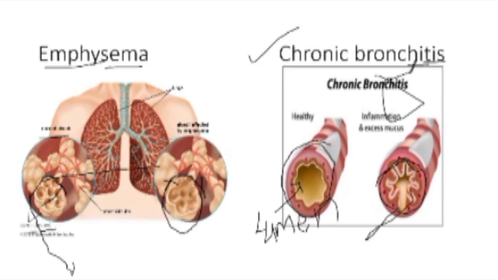You can clearly see the hypersecretion of mucus, which leads to constriction of the lumen, and the lumen becomes narrowed. See, in emphysema there is permanent dilation of the alveoli, but in chronic bronchitis there will be inflammation of the airways due to excess mucus production. Understood?